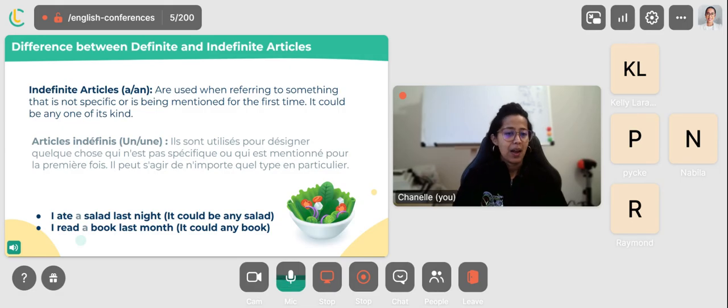We are not describing which salad I ate, but we are just talking about a salad. I read a book last night. It could be any book, okay? But we read a book, and that is the important part. It is not specific. It is saying a book, so we know that it is more general.